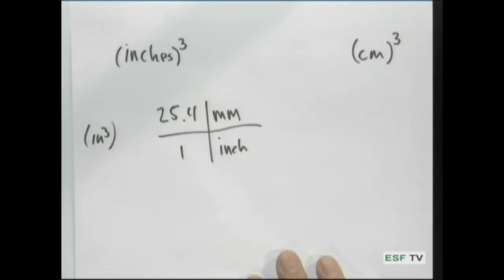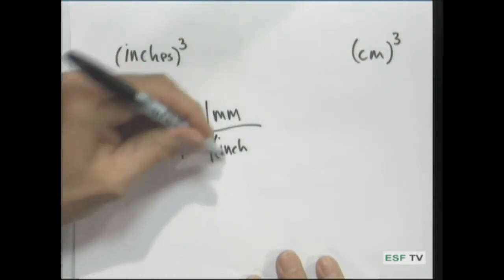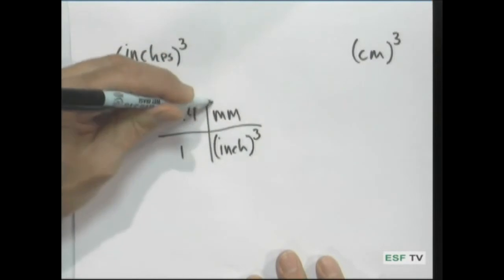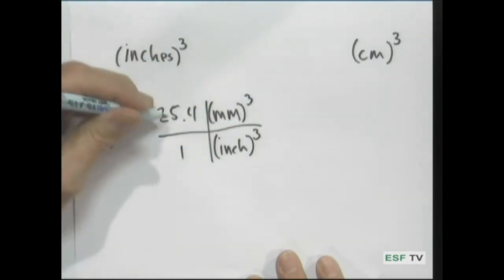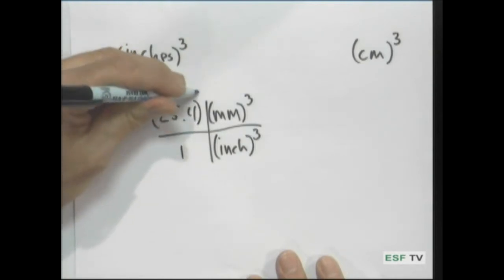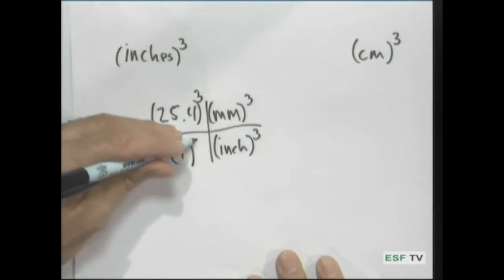But again, we have to take into account that volume has dimensions of length cubed. So what we really have to do is cube both millimeters and inches. And that means we have to cube the conversion factors as well.